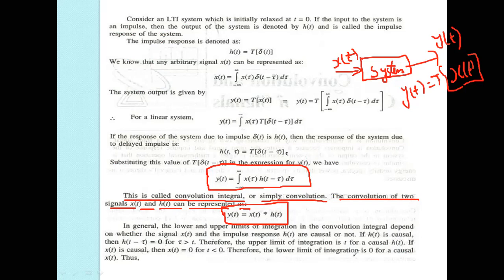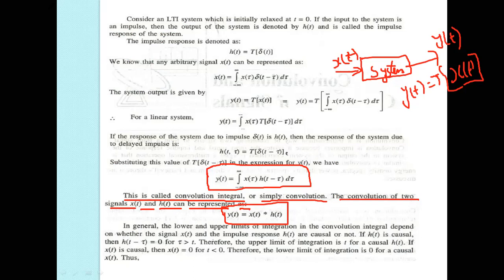Therefore, the lower limit of the integration is 0 for a causal x of t. Understood, my dear students? The upper limit of the integration is t and the lower limit is 0 here. So 0 to t only, the total output we will get when it is a causal system. When you are saying it is a causal system, the upper limit you have to take as t and the lower limit as 0 with the signals x of t and h of t.